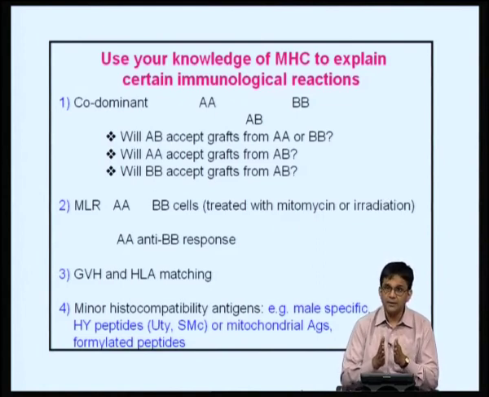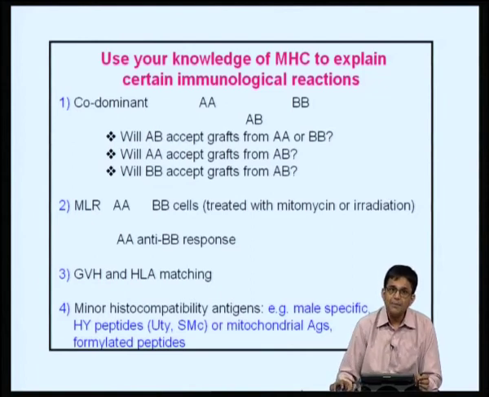In theory, the T cells from the inbred strain should not recognize MHC molecules of another mouse of the same inbred strain, but sometimes this happens, and this happens because of the presence of minor histocompatibility antigens.